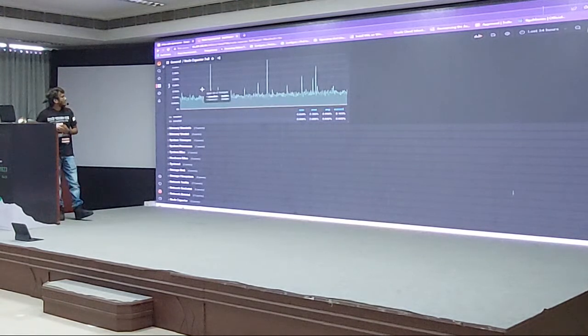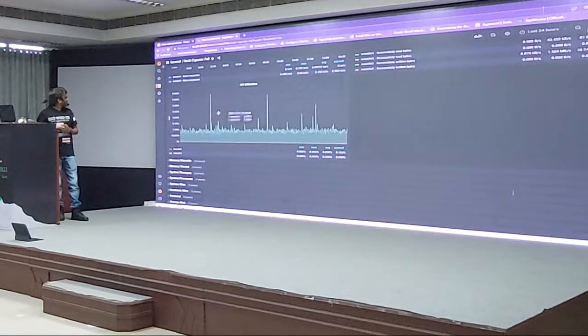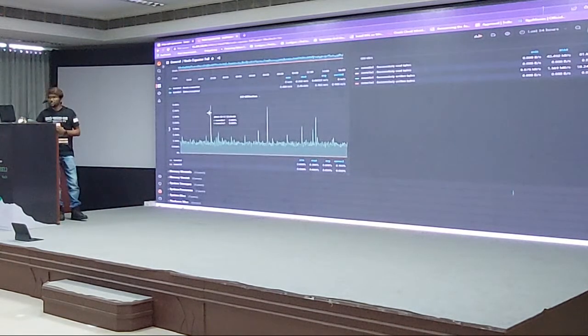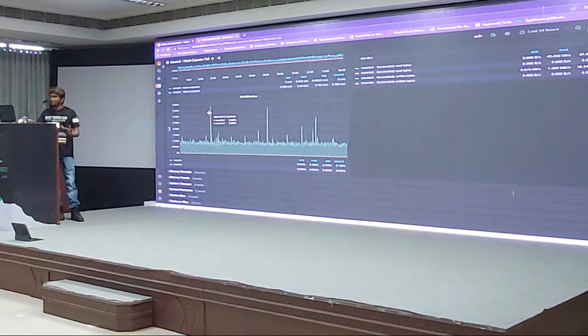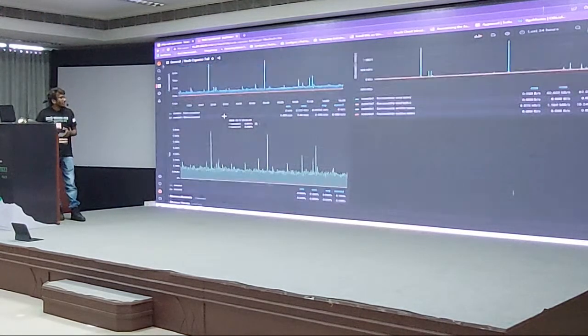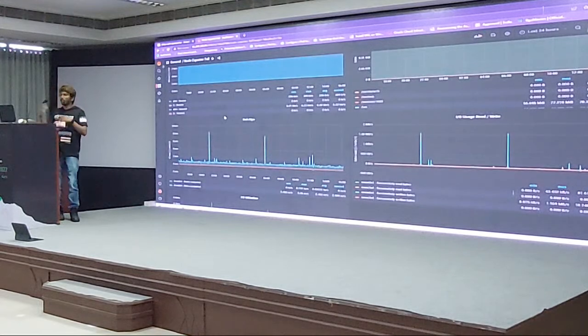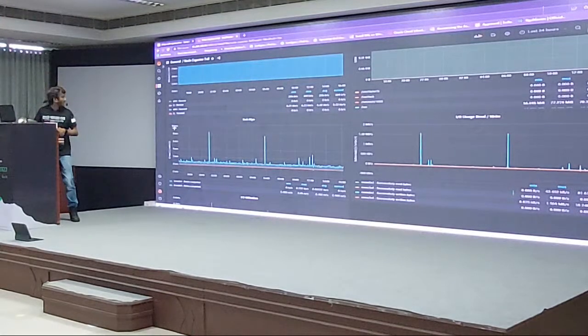If there is a spike like this, it can happen for IO utilization. IO utilization can spike sometimes. This is a normal trend, a baseline of a particular graph. If it goes above or below a particular value, then we need to get an alert. We can do those alert configurations here, in the alerting tools.